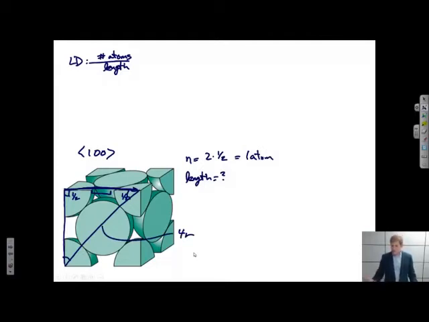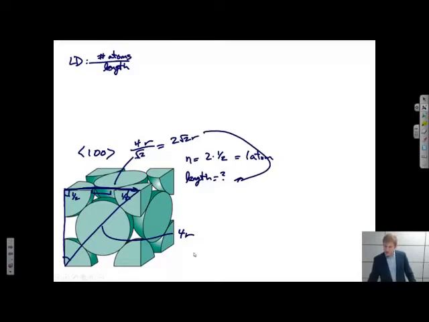So if I remember my 45, 45, 90 triangles, each of those legs is going to be given by 4r divided by the square root of 2, or 2 square root of 2 r. And that is the length of the line in question. So the linear density in this case is going to be 1 over 2 root 2 r.